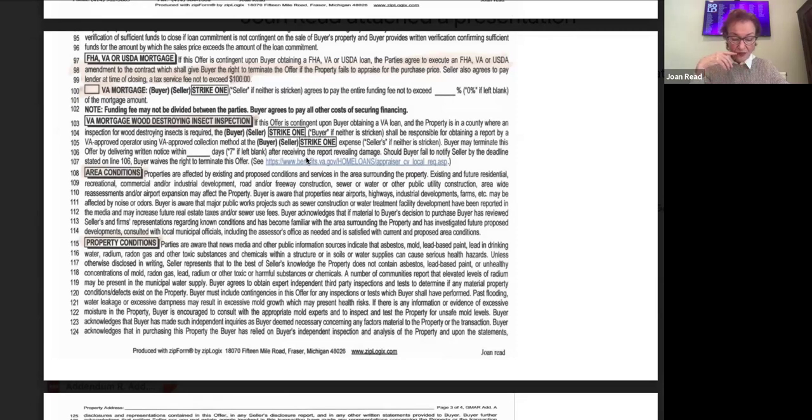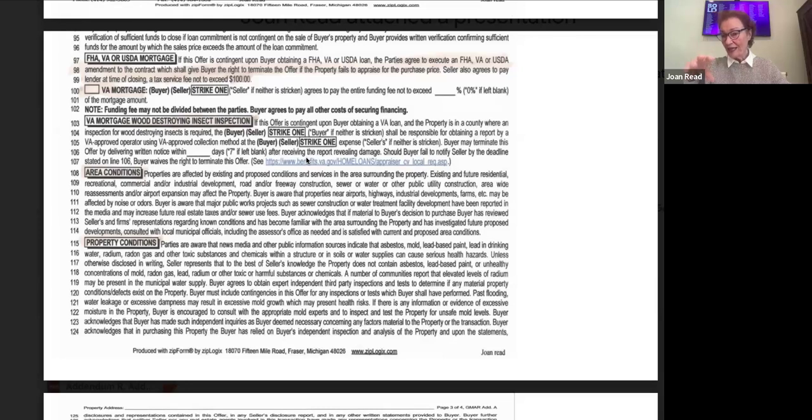Seller agrees to waive seller's rights under the financing commitment contingency if he gets the proof of funds. Delivery of a loan commitment is considered written verification of sufficient funds to close if the loan is not contingent on the sale of the buyer's property, and buyer provides written verification confirming sufficient funds for the amount by which the sales price exceeds the amount of the loan commitment.